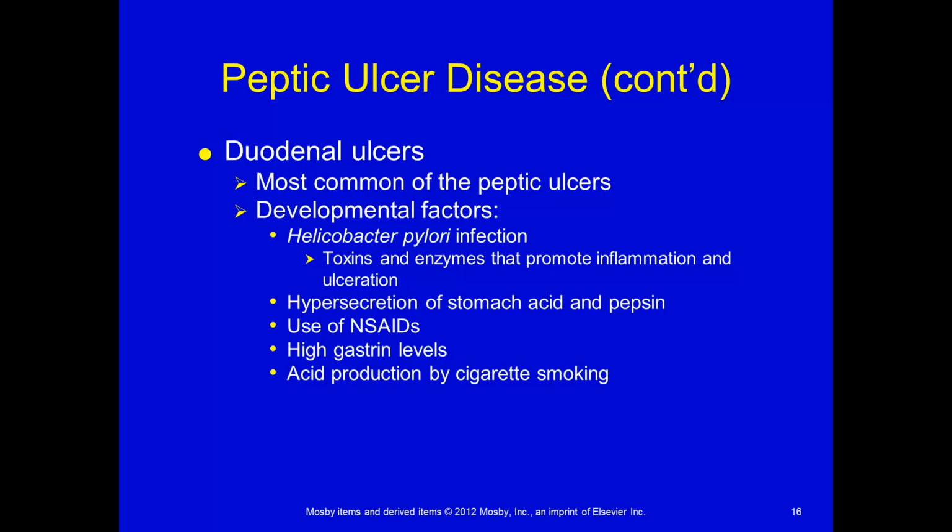It could be due to hypersecretion of stomach acid and other substances like pepsin. The use of NSAIDs is certainly a really big risk factor, specifically ibuprofen. And acid production can actually be increased by cigarette smoke, so people who smoke are certainly more at risk for peptic ulcer disease as well.